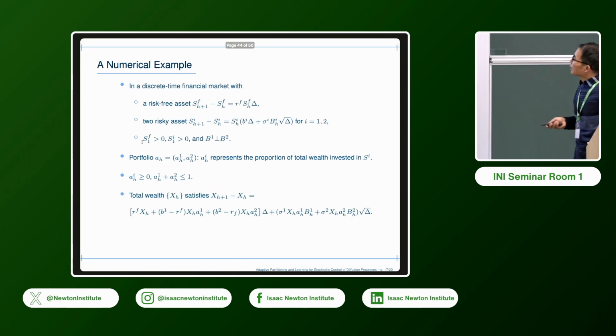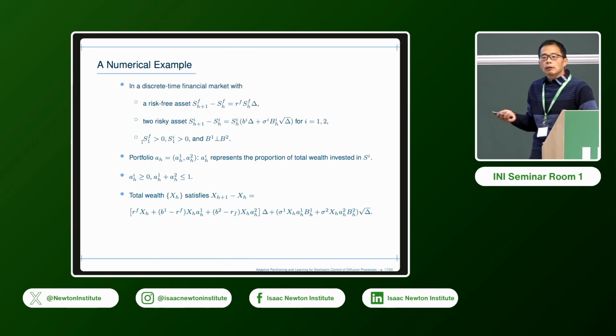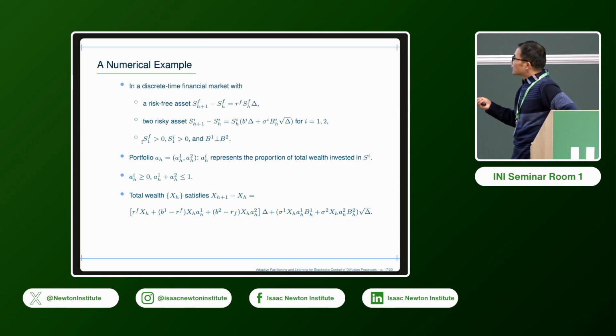The wealth is the state process of the system. The dynamics is given as this one. It clearly satisfies all the properties we have, other than the property on sigma.